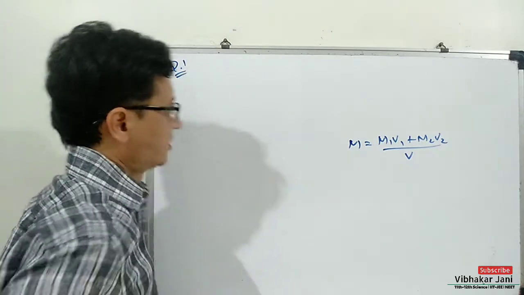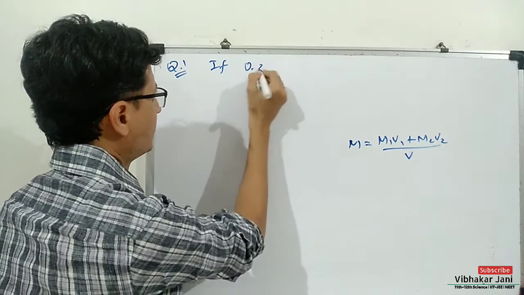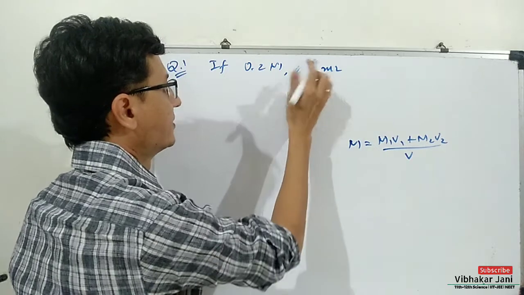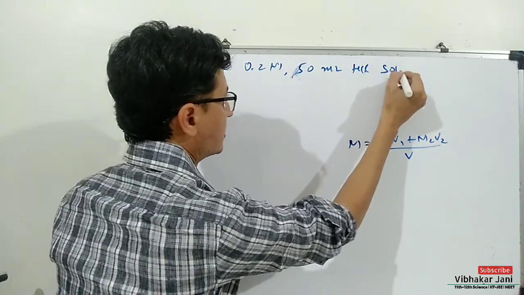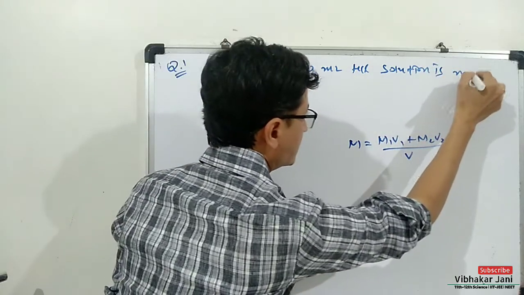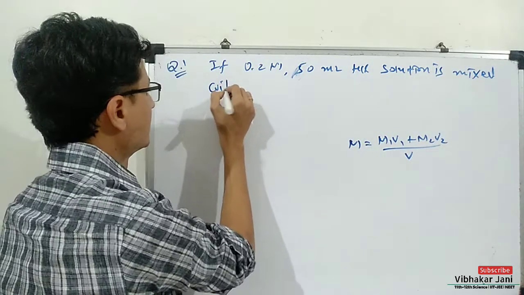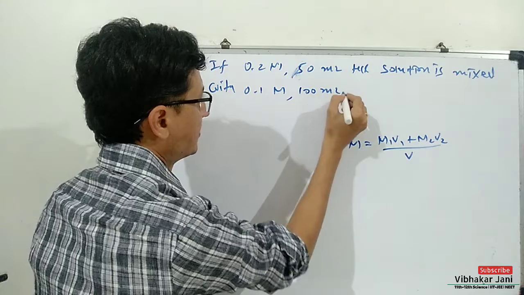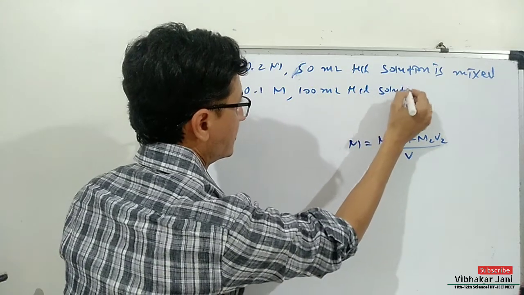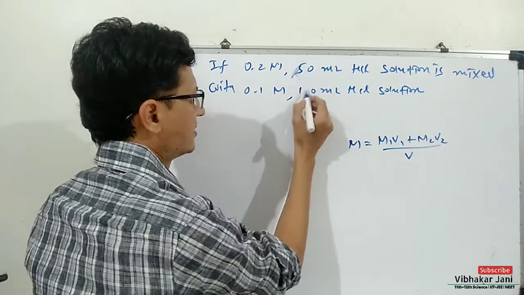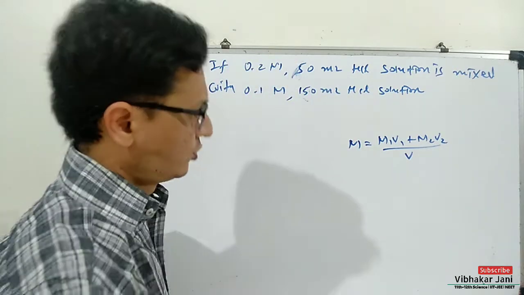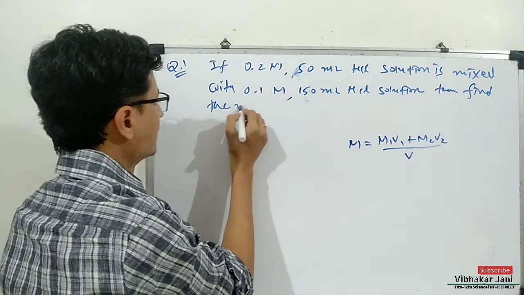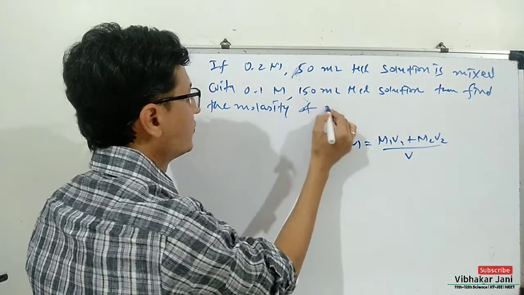This is our first question. If 0.2 molar, 50 ml HCl solution is mixed with 0.1 molar, 150 ml HCl solution, then find the molarity of the mixture.